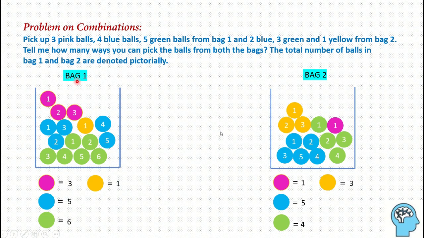And in bag 2, there are 3 yellow, 1 pink, 5 blue and 4 green. The total number of balls are pictorially denoted below the bags. Okay. So let's continue the solution in the following slide.